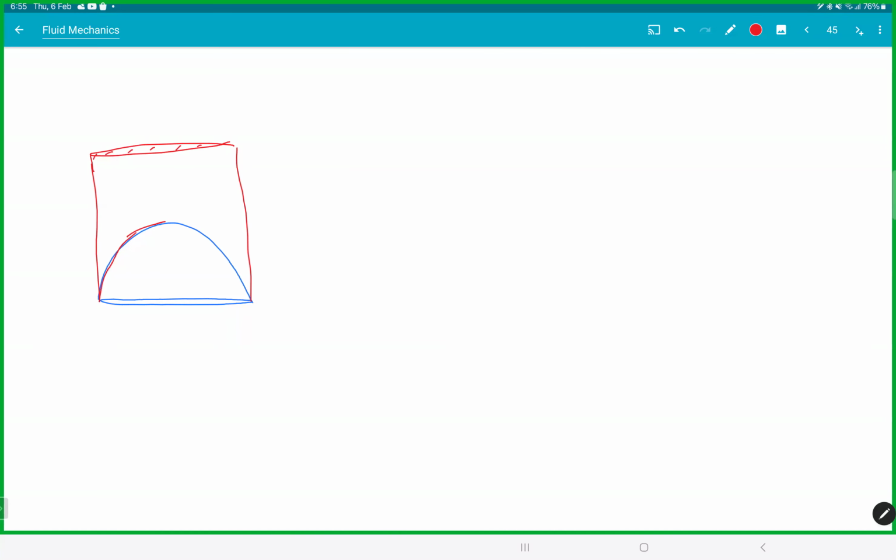So if I give you some random shape like this, and let's say this is filled with liquid.